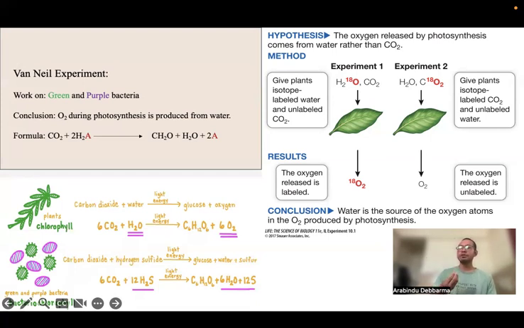So radioisotope-labelled oxygens are used during this process. They radio-label the oxygen of carbon dioxide, and when they look in the experiment, they see the radio-labelled oxygen presence.